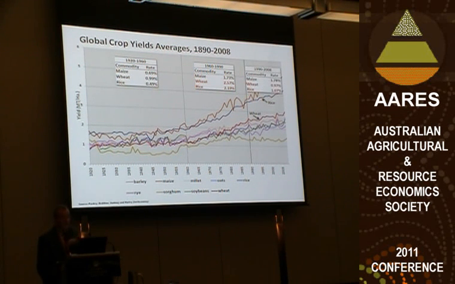And if you look at the post-1990 period, maize is the only commodity here, and in most of them that we looked at, that has sustained its rate of growth of yields. There is a very substantial drop-off in wheat yields and rice yields and some other commodities. Globally, these are global average yields in the post-1990 period.